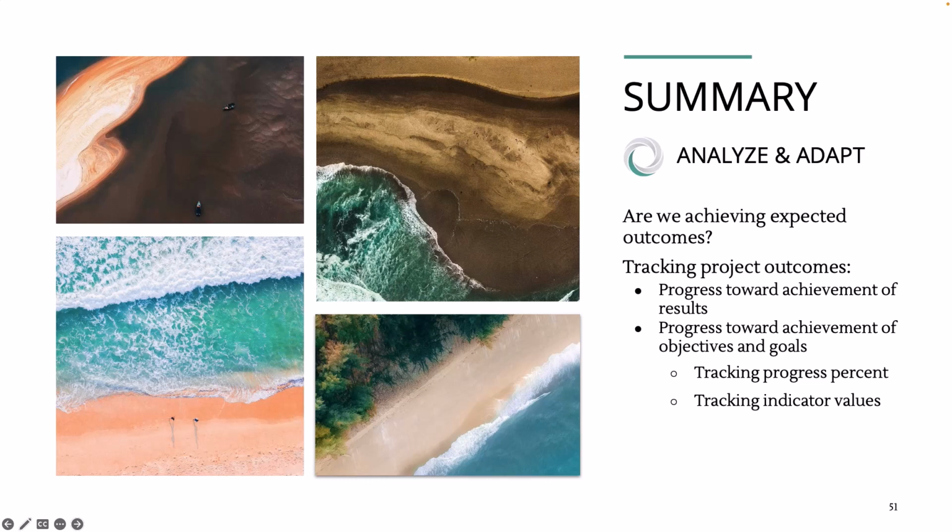This included progress towards achievement of desired results and various ways to track progress towards achievement of objectives and goals. Under tracking objectives and goals, we learned how to track progress percent and how to track indicator values. We also did a recap of best practices for tracking progress towards achieving project outcomes and learned how to update strategy progress.